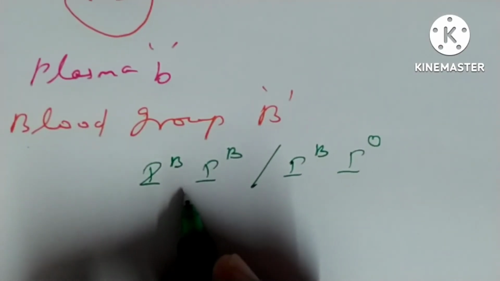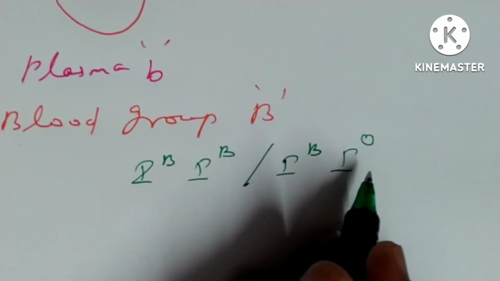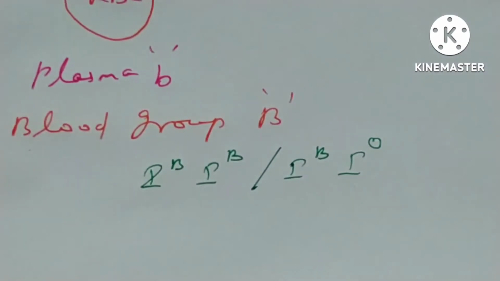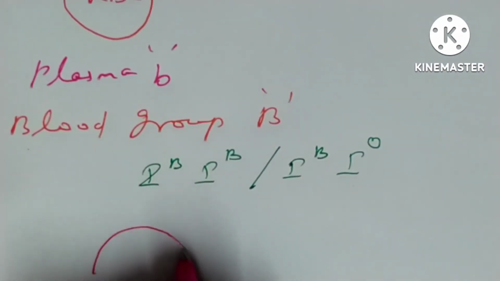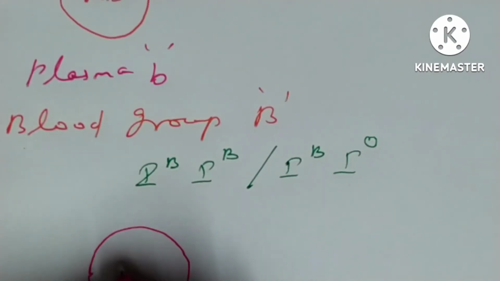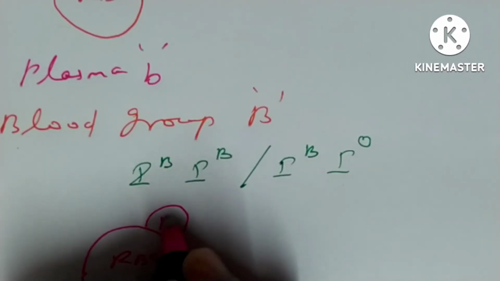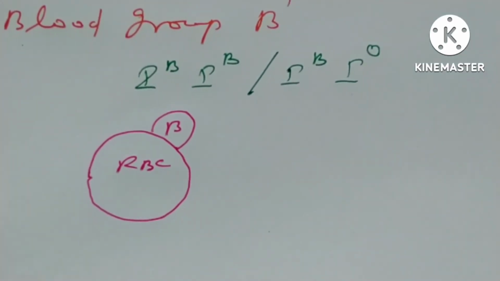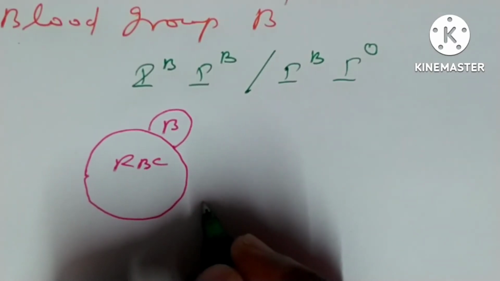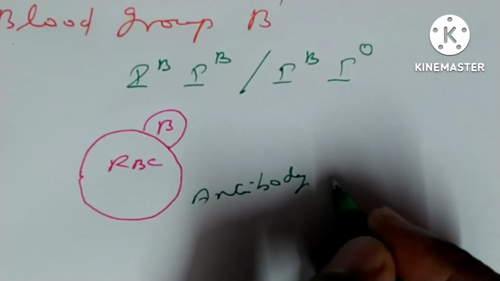You see the surface of the RBC of this person possesses the proteinous B antigen on its surface. But in the plasma you see antibody A.